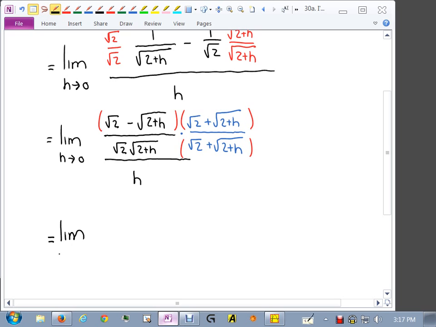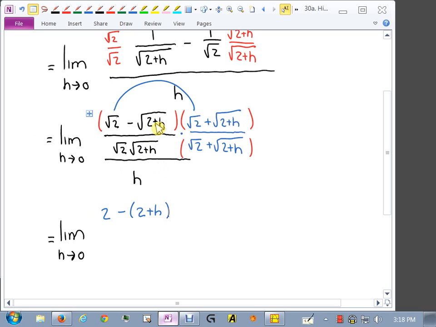Limit as h goes to 0. Root 2 times root 2 is 2. The middle terms cancel. Minus 2 plus h, but in parentheses. Right?